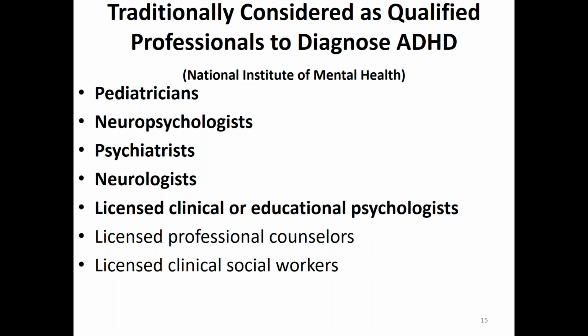But what OCR has said is if we have a comprehensive evaluation from one of the individuals in the bold print, coupled with observations from the parent, that the parent sees some of those signs that we were on the preceding slide, that's a student who may be likely for 504 accommodation for ADHD.